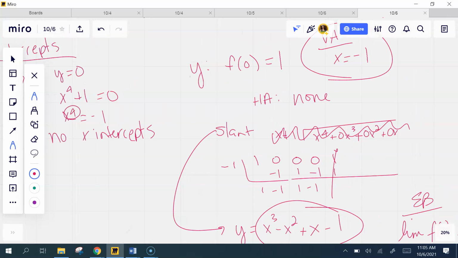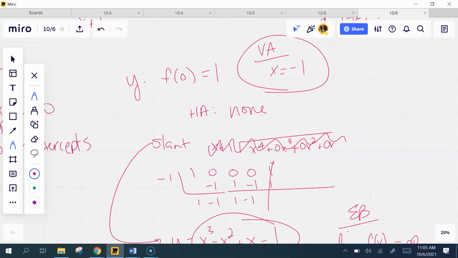If I told you to find the vertical asymptote and define it using limits, you would say there's a vertical asymptote here. That means the limit as x approaches negative 1 from the left of f of x is, and the limit as x approaches negative 1 from the right of f of x is. I'd have to look at the graph to see if it's going up or down on either side, unless you want to plug some values in and check them.